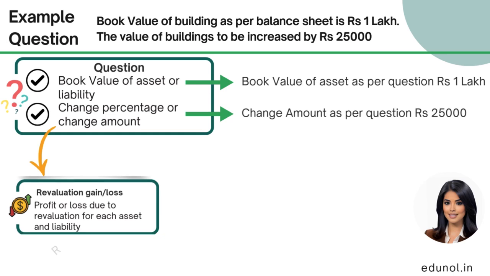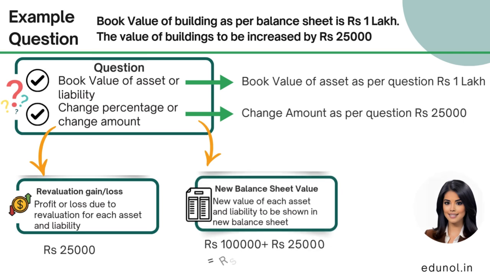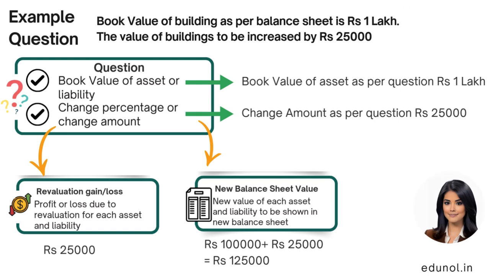First, revaluation gain in this example will be 25,000 rupees. Second, new balance sheet value, which will be calculated as follows. Book value 1 lakh rupees. Add gain on revaluation 25,000 rupees. This gives 1,25,000 rupees as the revised value of building, which will be shown in the new balance sheet.